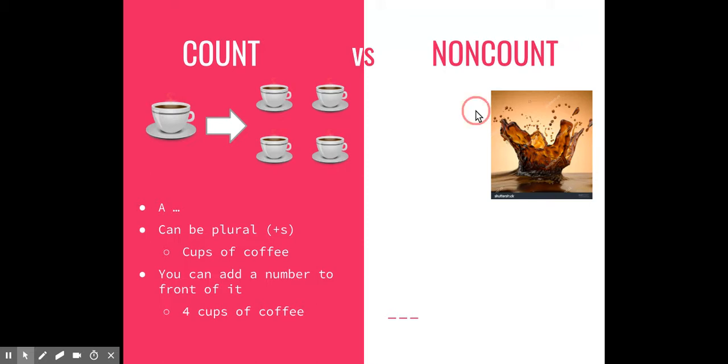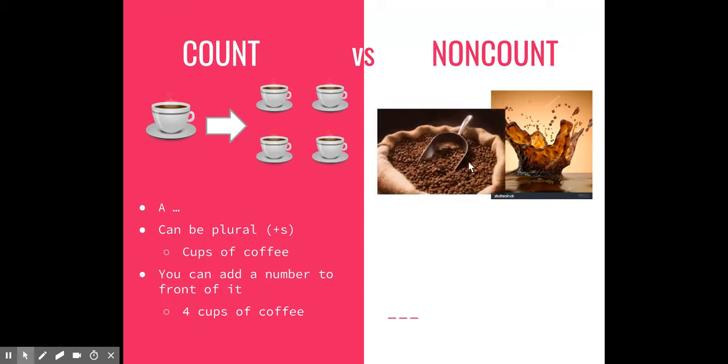Now, non-count are words that are difficult or impossible to count, right? I can't really count this unless I go down to the molecular level, but then I'm counting the molecules of coffee, not actually what's in this picture. And these, I can count coffee beans. I can say 1, 2, 3, 4 coffee beans.